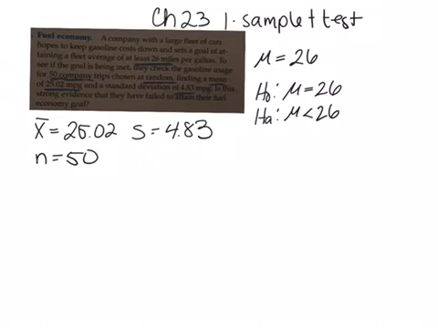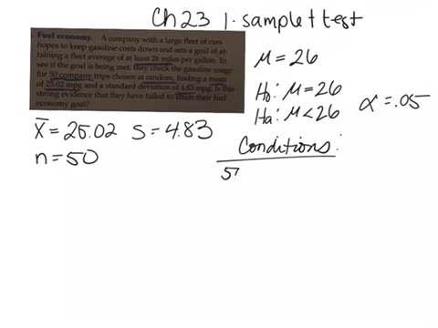So we're going to check our conditions now. Alpha is 0.05. All right, so now let's check our conditions. The first one is that 50 is less than 10% of all trips taken. And the second one is the sample was random.